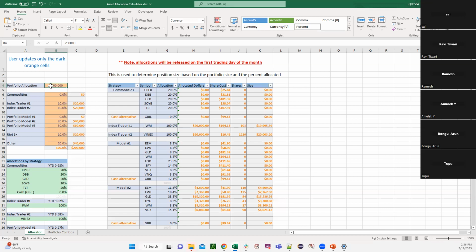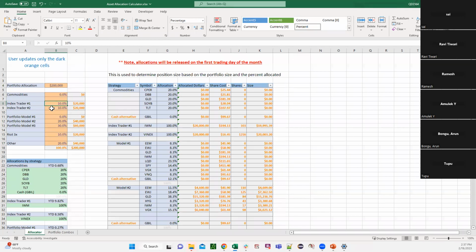You put that amount up here. Then let's say you only want to trade 80% of your money using this strategy. You're going to say other equals 20%. Then you decide how you want to allocate the rest. The way this is divided right now, there's nothing going into the commodities.